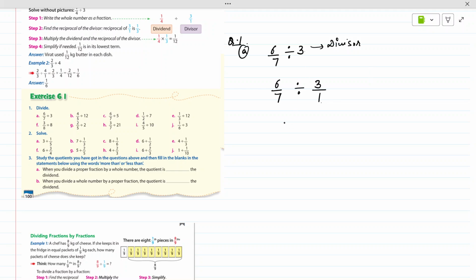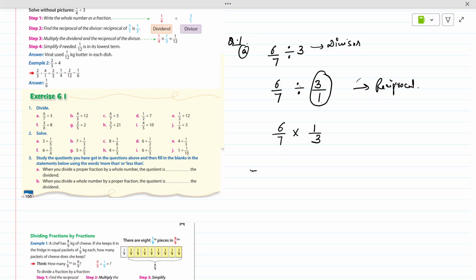Done. Second part, 6 by 7 as is. Now change this division sign to multiplication. And when we are doing this, what we have to do? We have to take the reciprocal of the divisor. That means this part will be reciprocal. 3 by 1 will become 1 by 3. I've taken the reciprocal of this part.